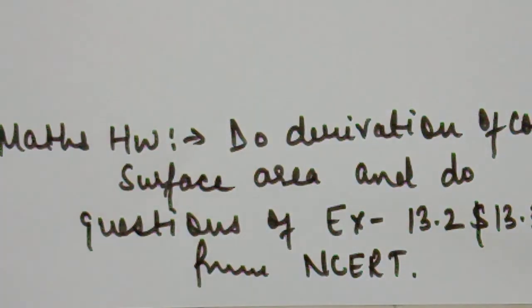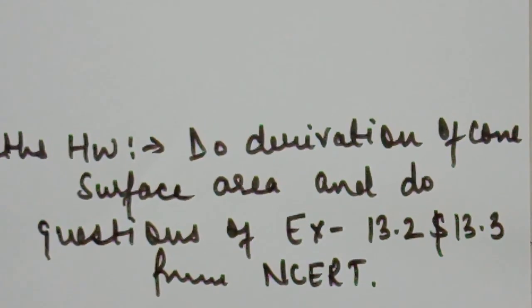Is that clear to all? So students, you have to learn and do the derivation in your homework notebook for all the figures, and you have to learn the formulas, do the questions properly.